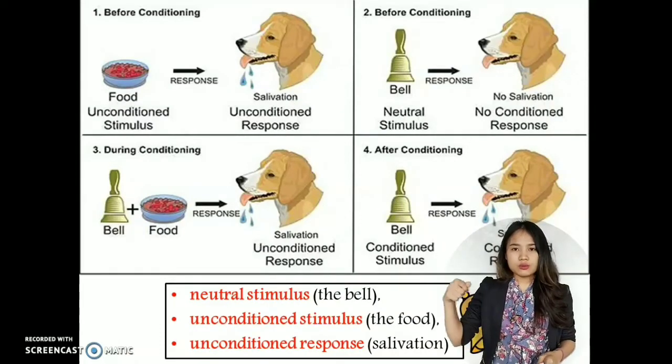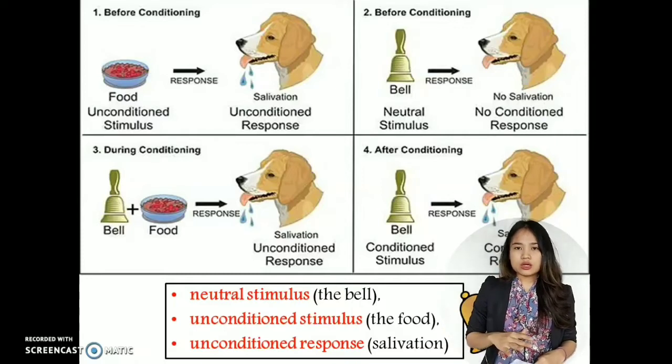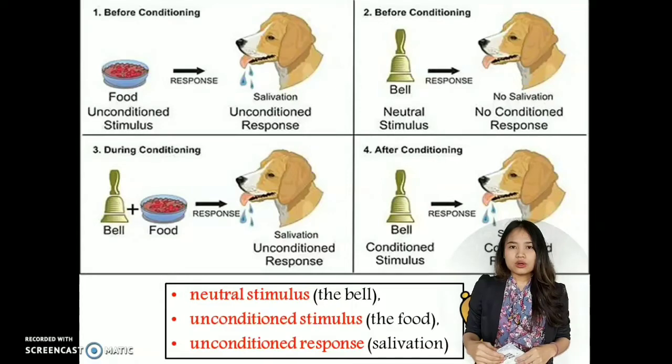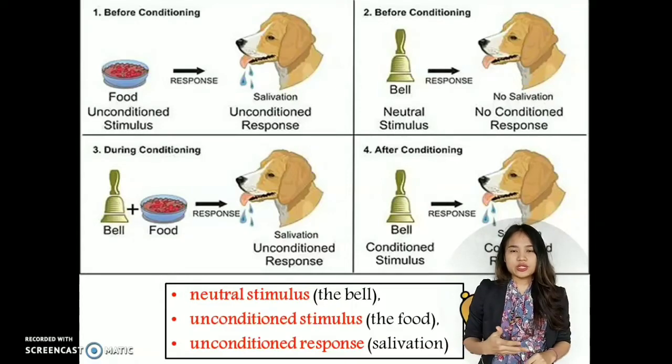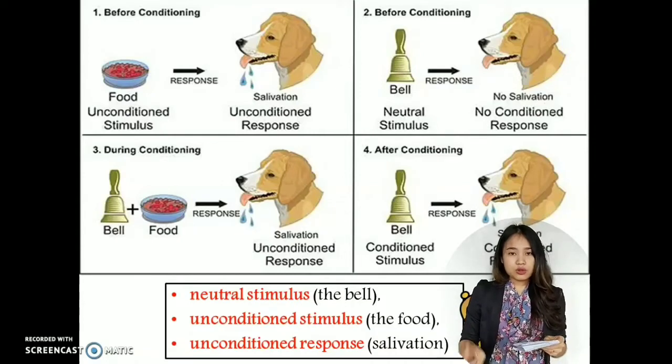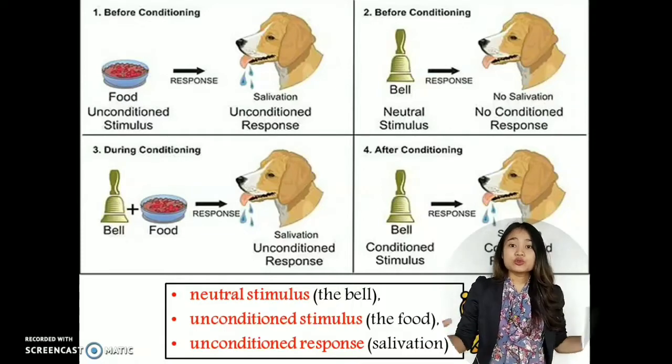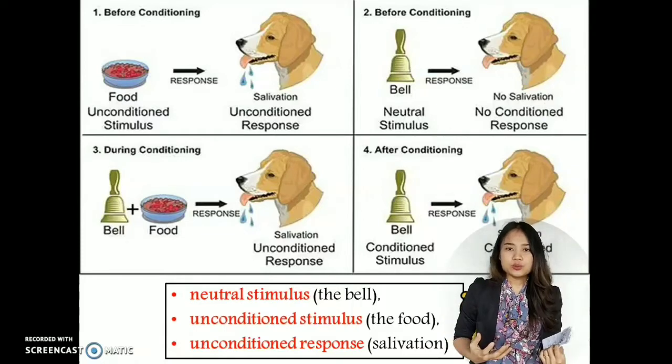If Pavlov only rang the bell without the unconditioned stimulus like food, the dog would not produce salivation. And if you present both together, the bell and the food, the dog will learn new behavior.